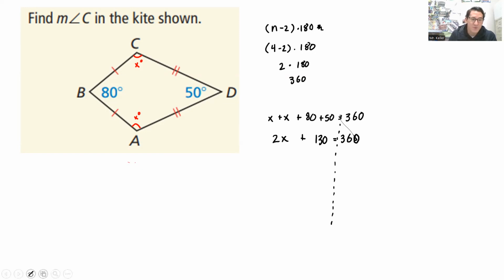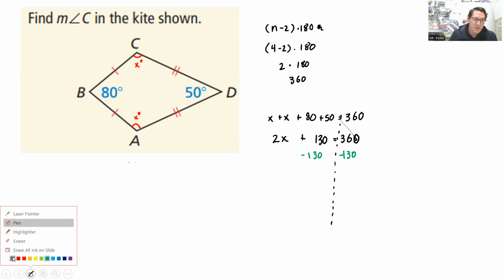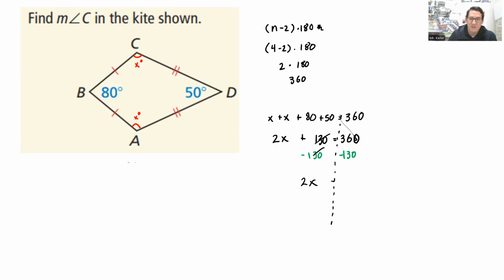Then from here, I'm going to subtract 130 from both sides. So 130 minus 130 cancels out. So all I have there is 2x is equal to 360 minus 130, which is 230.